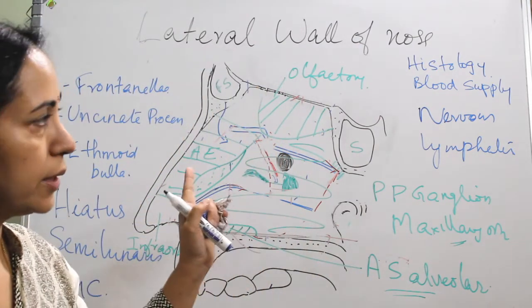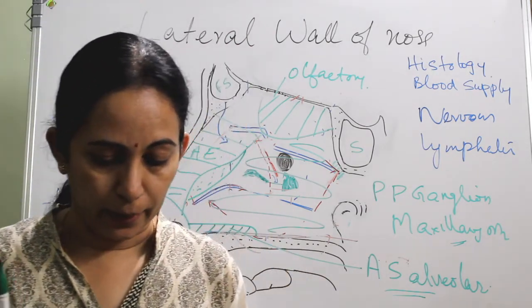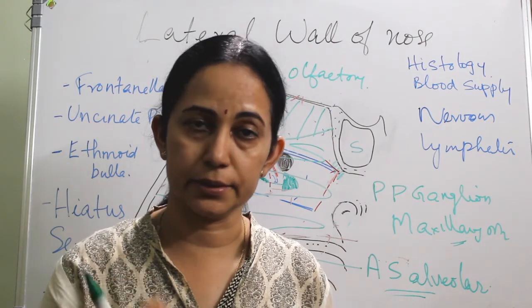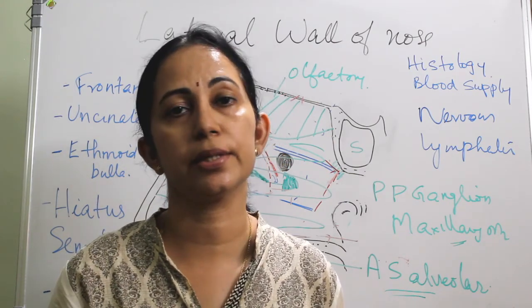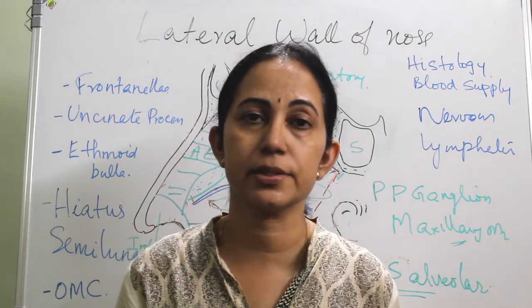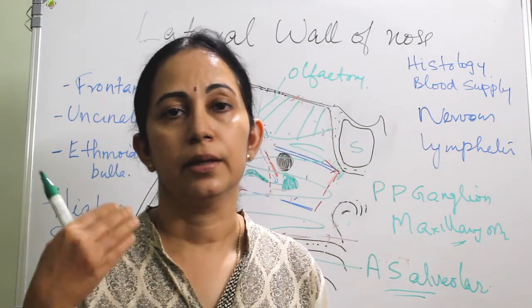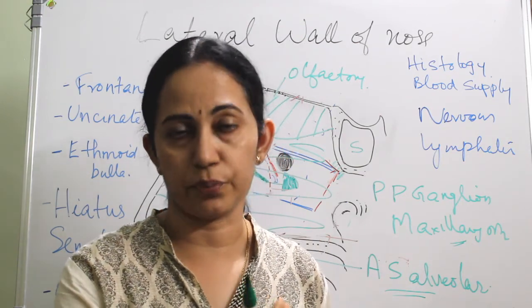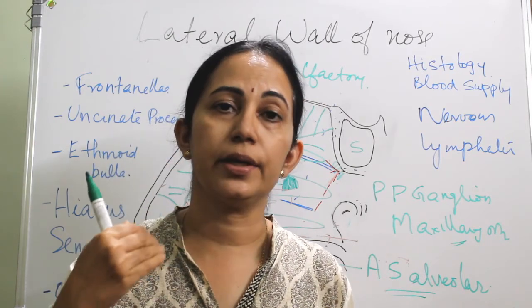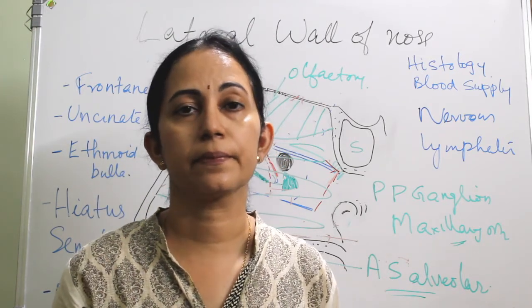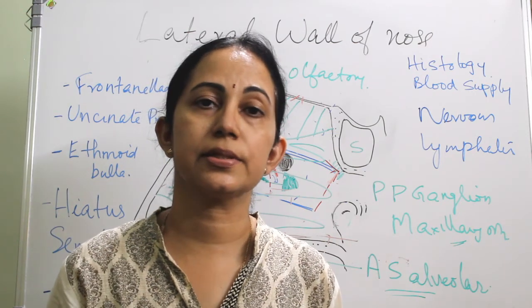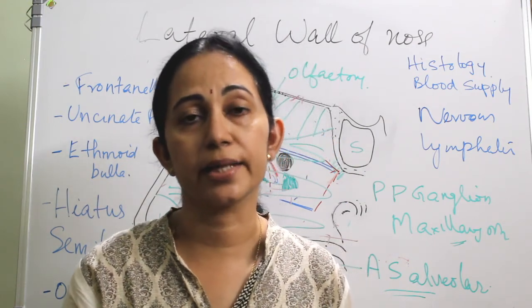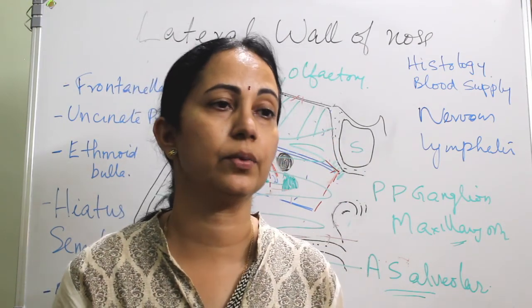Okay, so regarding the lateral wall of the nose, we discussed the 3 turbinates and the 3 meatuses lying lateral to them: the content of the inferior meatus, which is the nasolacrimal duct, and the middle meatus, mainly the osteomeatal complex and the drainage of the frontal, anterior ethmoid and maxillary sinuses, the spatial orientation of the uncinate process, bulla, hiatus semilunaris and the ethmoid infundibulum.